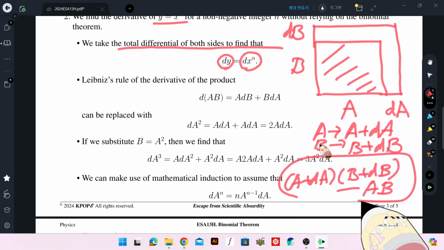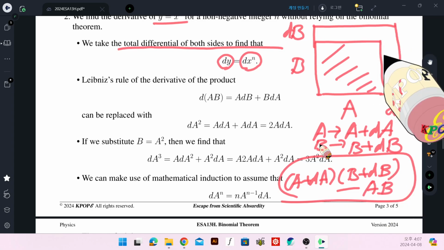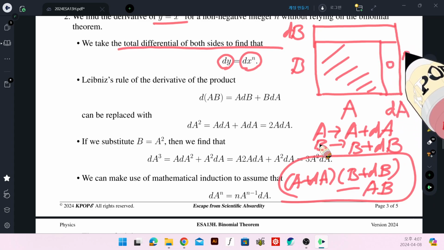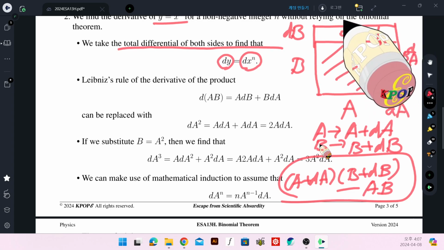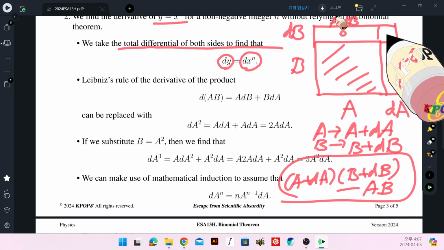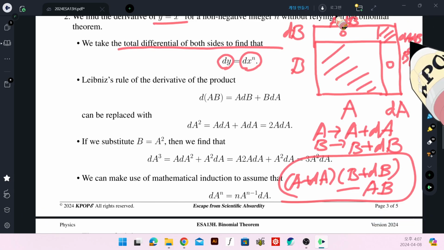That is the differential change in the area. You know what that is? This is b dA, and this is a dB. Trivial. And this crossed one is dA and dB multiplied.